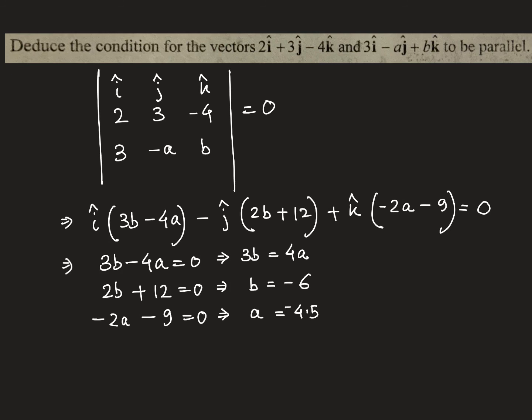So b is equal to minus 6, a is equal to minus 4.5. If you substitute a and b in the first equation, so you get three equations, no? 1, 2 and 3. If you substitute in the first equation, you see the values will match. So if you have a null vector or a zero vector, obviously each of its components is 0.